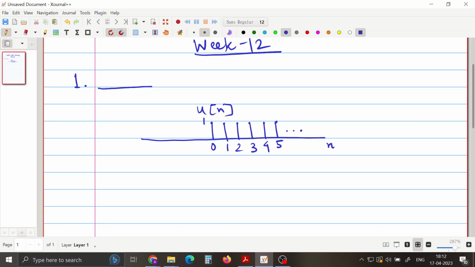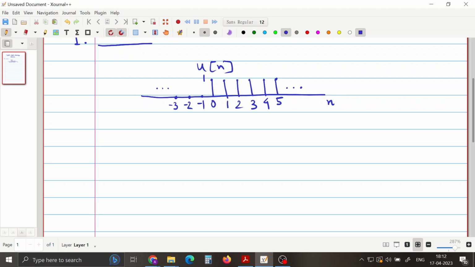the x-axis is n. For all non-negative indices it takes the value 1, and for all negative indices, -1, -2, -3 and so on, it is 0. So this is known to us.